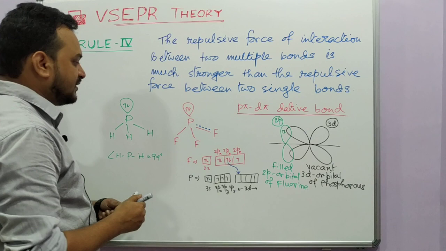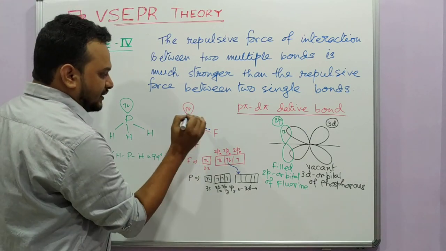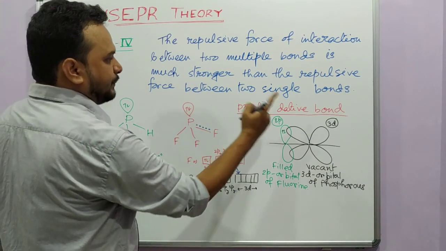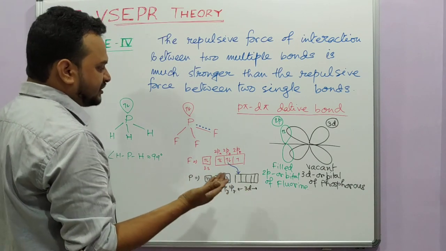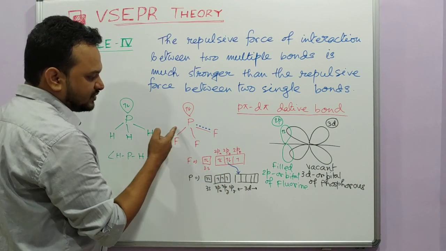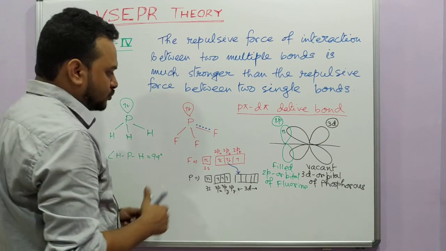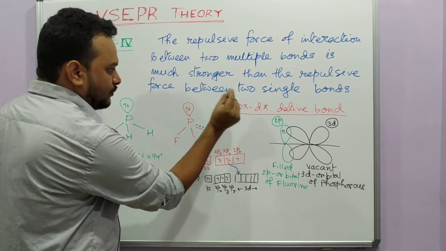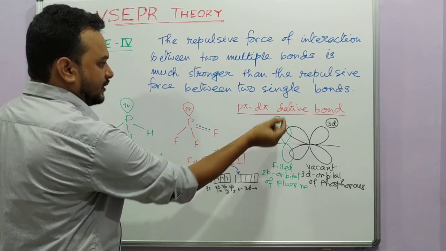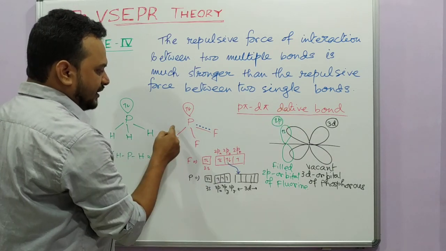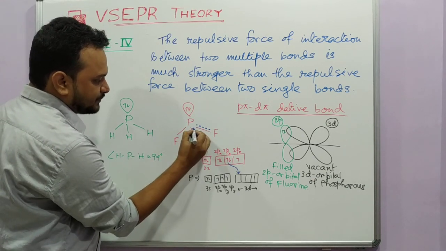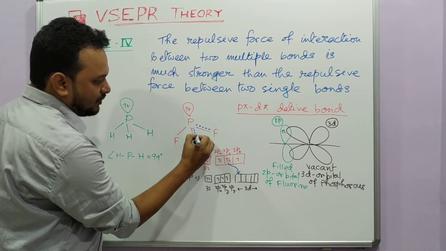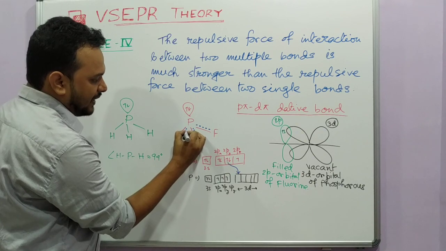So what is the net structure? One p pi d pi dative pi bond is uniformly distributed between all these three PF pairs. So one p pi d pi dative pi bond distributed uniformly at three places. That means each pair will get 33% of that dative pi bond.